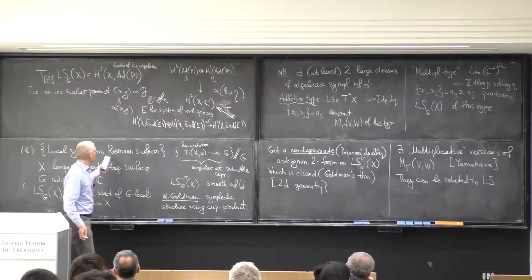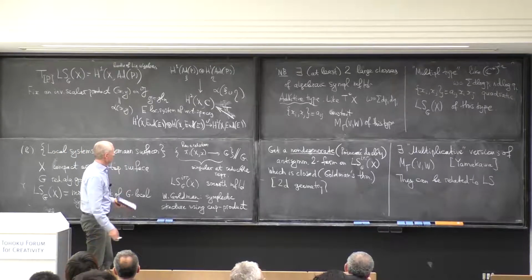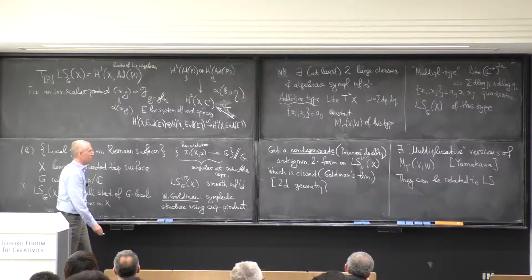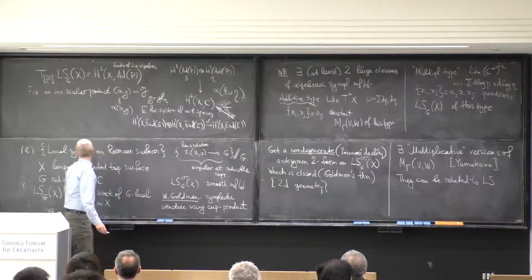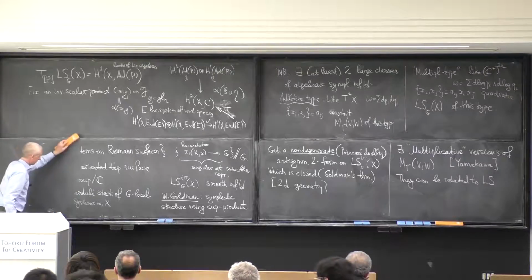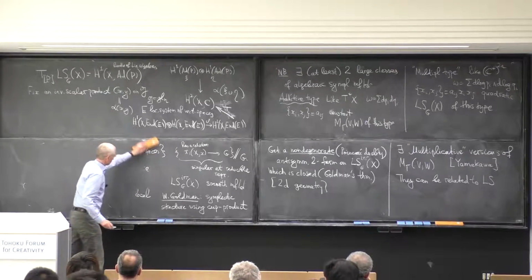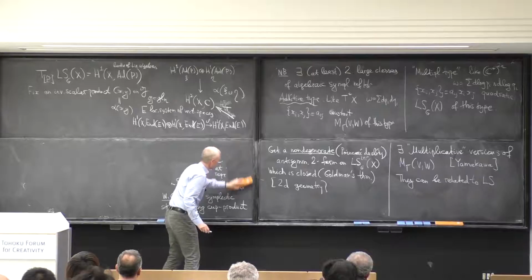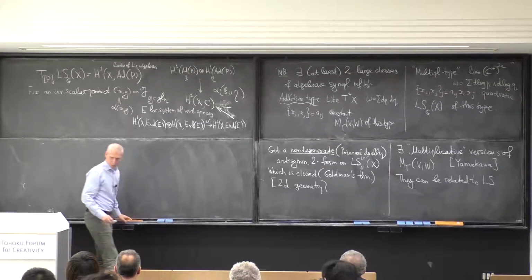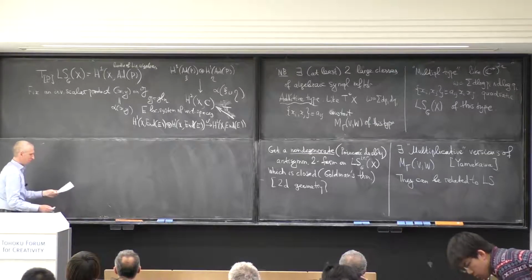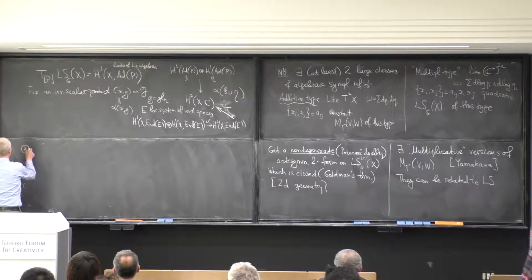Local systems have this feature that we have Poincaré duality for that, so that pairing is a perfect pairing. I want to do something like this, but for singular curves. So let me call this part microlocal sheaves on nodal curves.